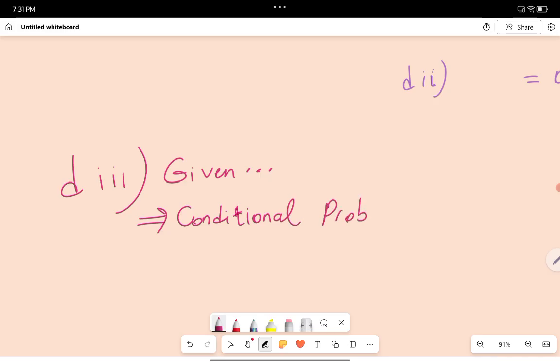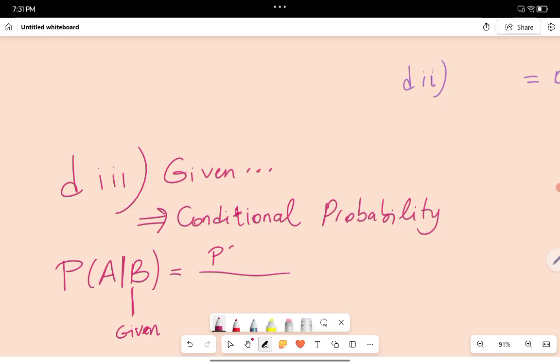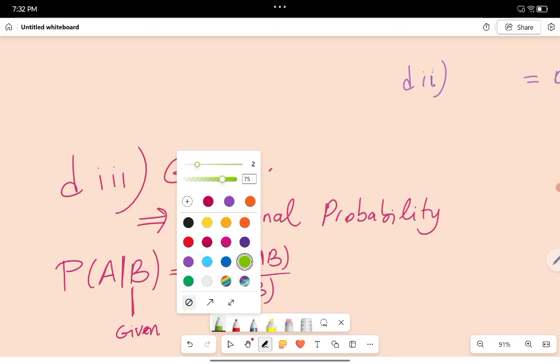Conditional probability. So with conditional probability, remember the formula? We have this, the probability that we have A given B. So this means given B is equal to the probability of A and B divided by the probability of B. Okay, so this is important.